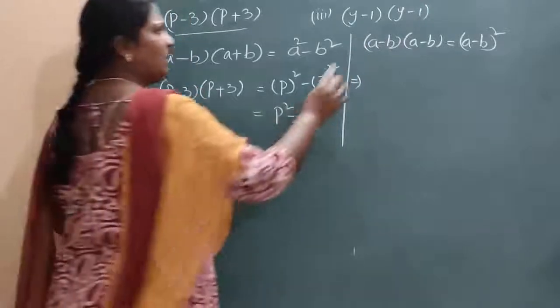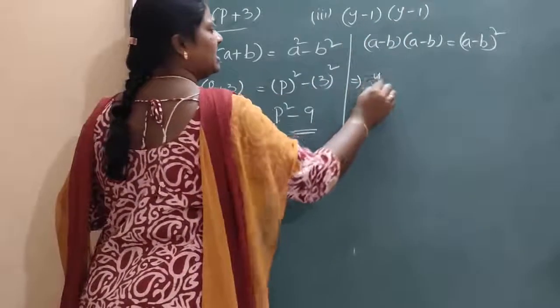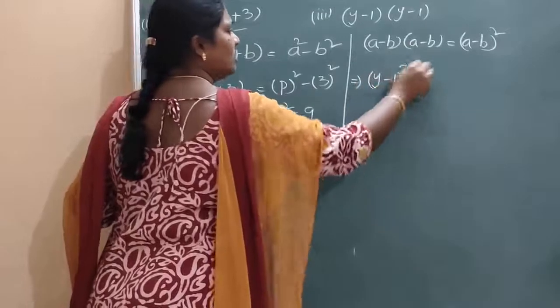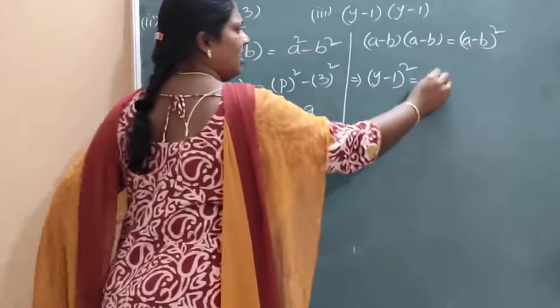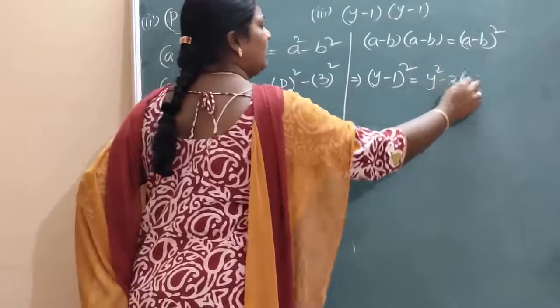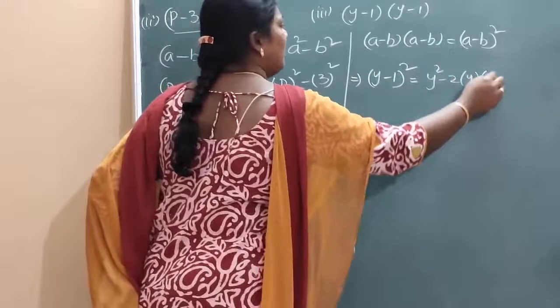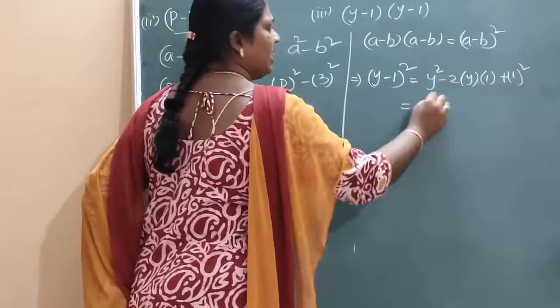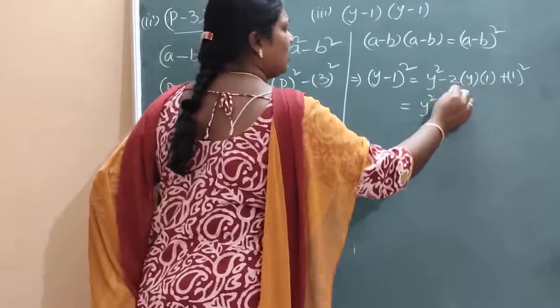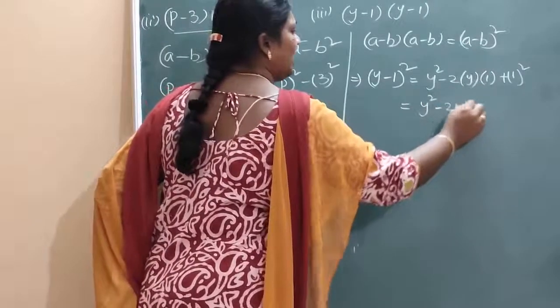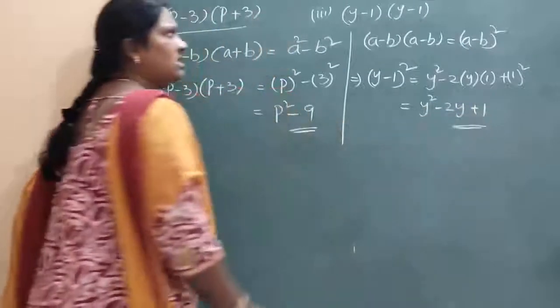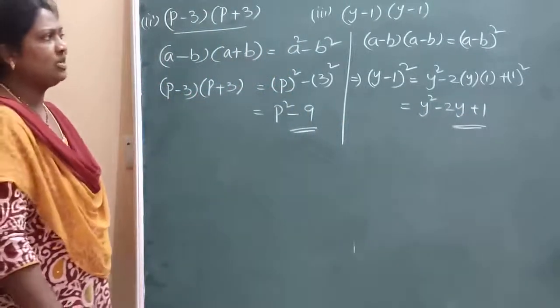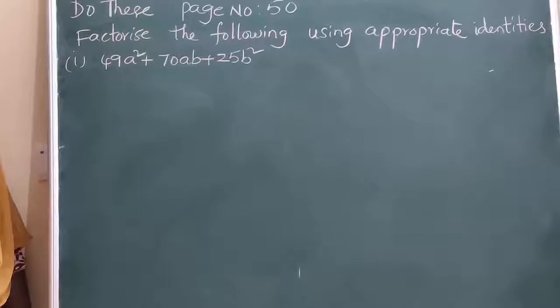So y minus 1 into y minus 1 can be written as y minus 1 whole square, that is y square minus 2 into y into 1 plus 1 whole square, that is y square minus 2y plus 1. This is the solution of this problem.